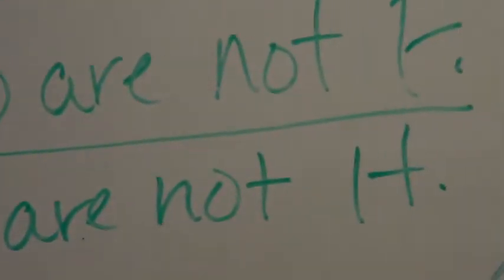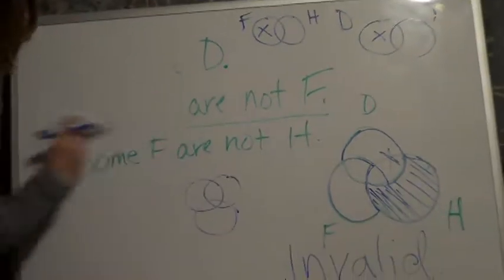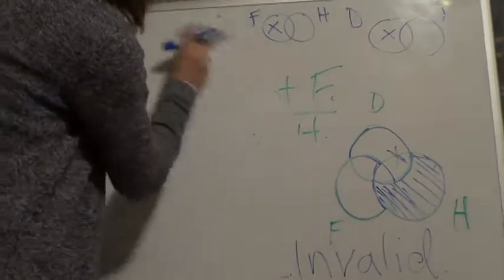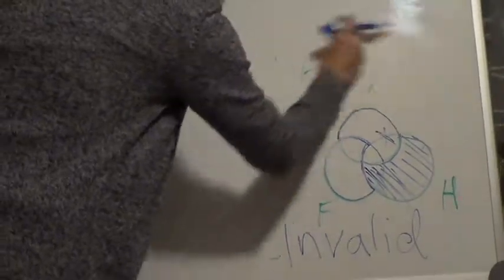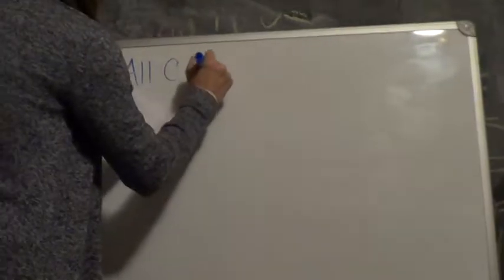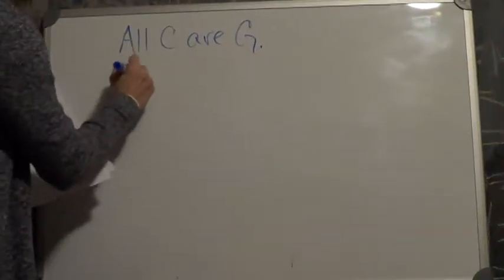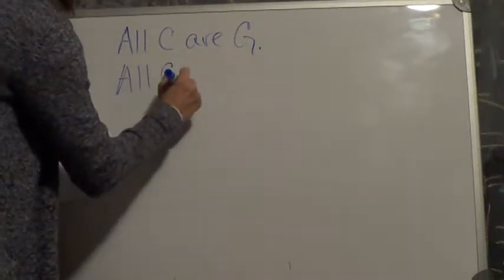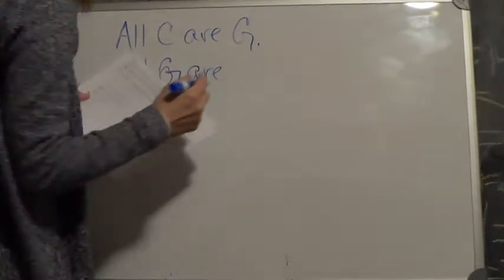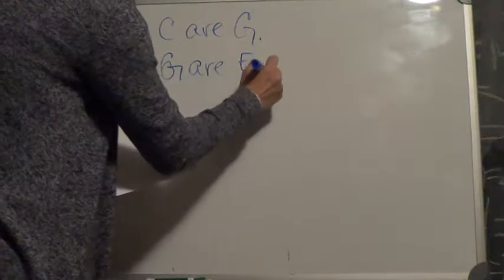So let me erase this. I'm going to put it up here. You can see my diagram on the paper, but it's nice to see it as it's done instead of just looking at the completed one. So we have all C are G. And again, if you use different capital letters, that's fine.